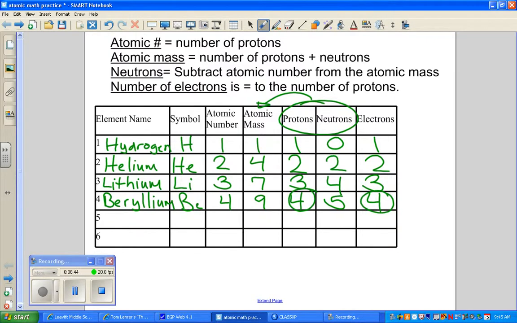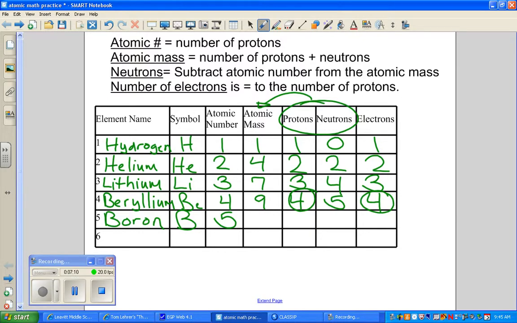Right, what's number 5? Boron. It's like moron with a B. What's the symbol? What's the atomic number? I see a pattern here, guys, don't you? The atomic number is just going up by 1 because that's how the periodic table is organized. Look at the proton column.